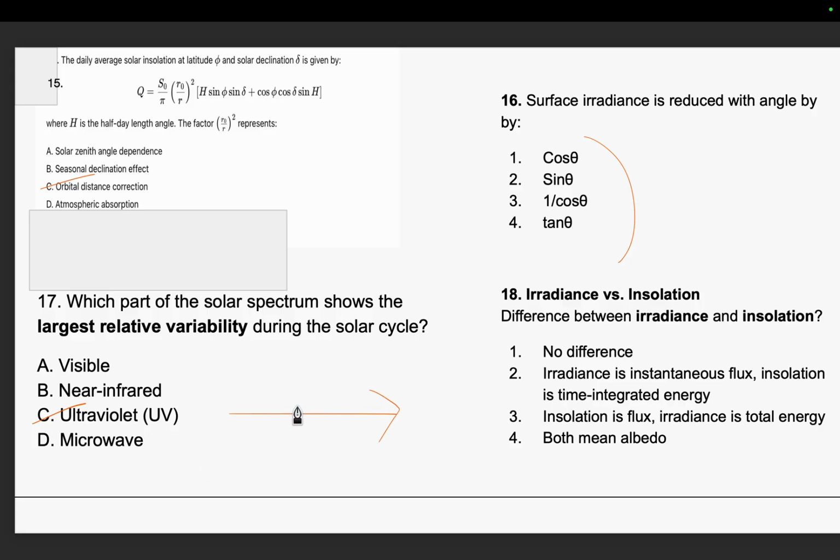And also, with the wavelength, can you place these spectrum regions in the ascending order of wavelength? Less than 400 nanometer.